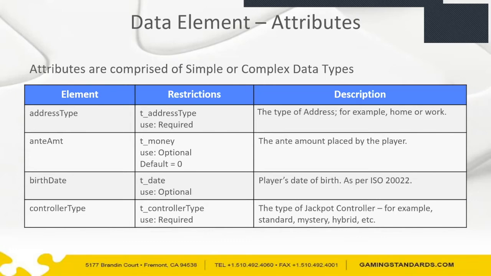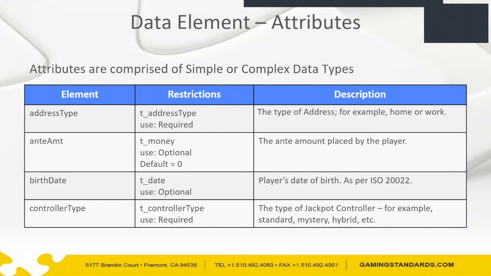Now you might say, why is birth date optional? Don't you need to know the age of the player? One of the things that we did in RRI is to make as many of the data elements optional as possible. And we did that because we wanted to give flexibility to the regulators in the jurisdiction to determine which data elements they absolutely wanted and which ones they did not.